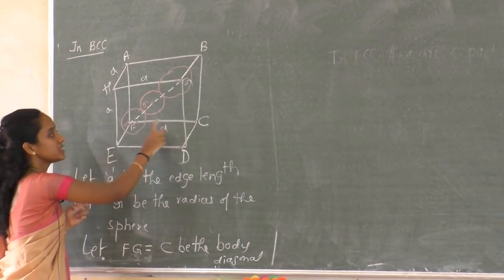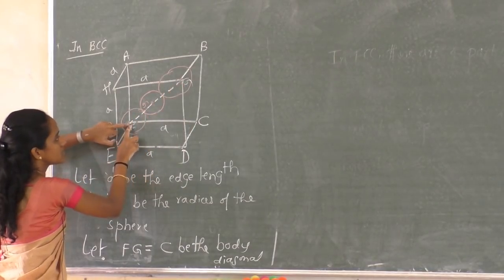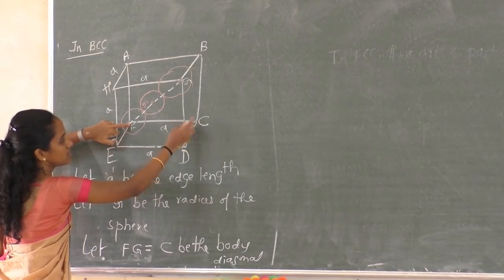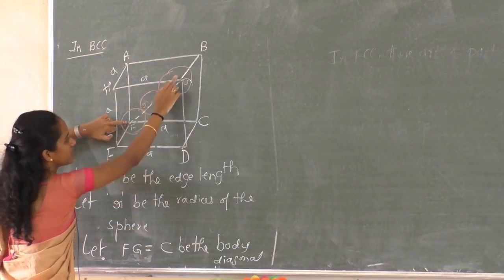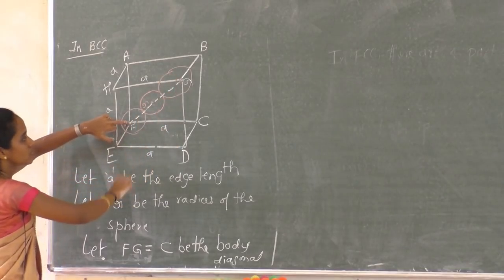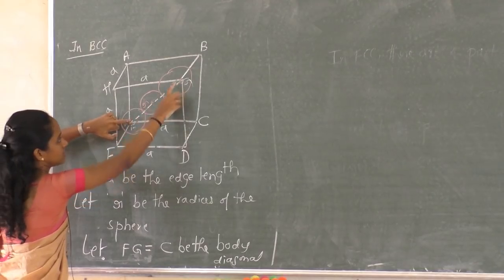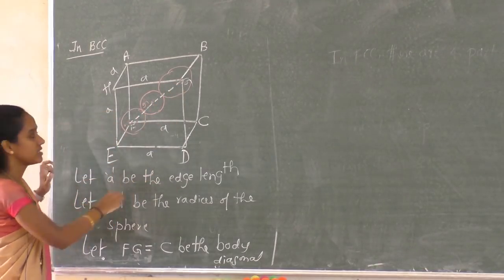Now can you consider this as a triangle? No. Because this is F, G, C. We cannot calculate by considering this. This is not a triangle here. So in order to calculate the length, what is R? We need to consider one more triangle here.